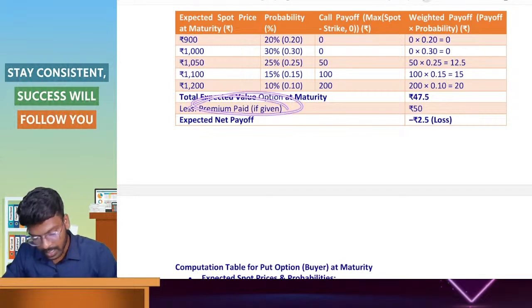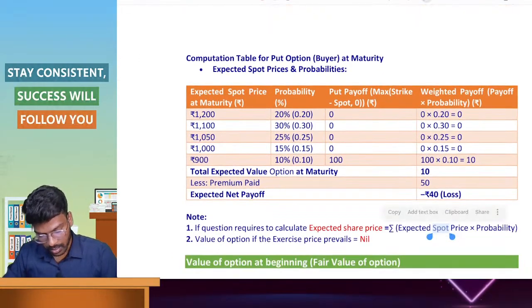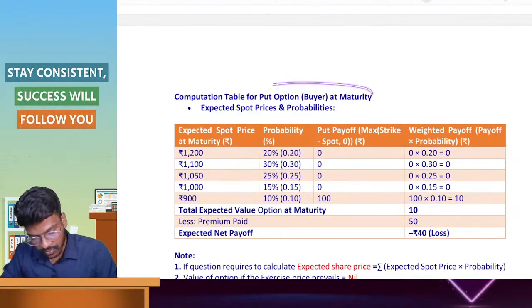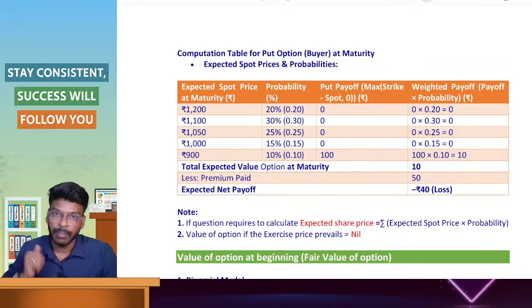The premium paid is 50, so he will make a loss of 2.5. Also the computation for the put option. In case of a put option, the strike price should be more than the maturity price.